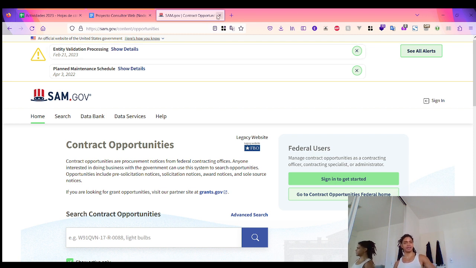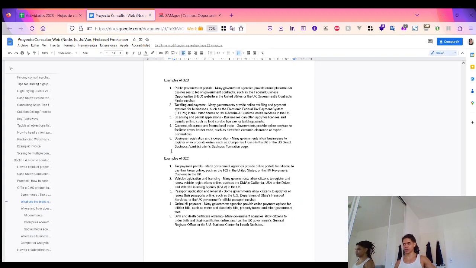Okay, but in any case, now going back here, I'm looking at the example of the government to business model.